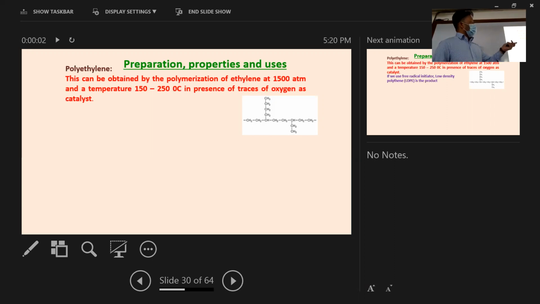So when we use 1500 atmosphere pressure and 150 to 200 degrees Celsius, in the presence of traces of oxygen as a catalyst, just a very small amount of oxygen, a lot of ethylene molecules will combine to form polyethylene.